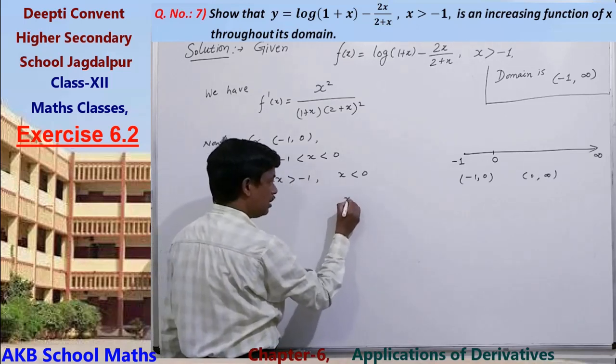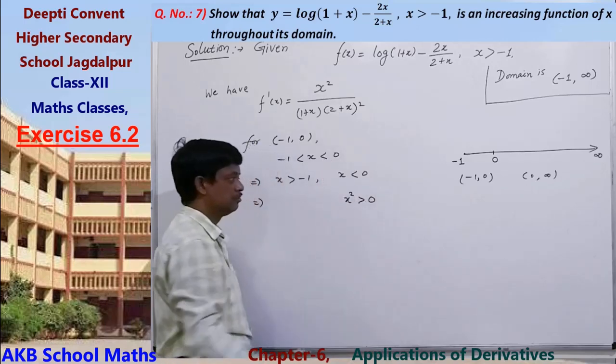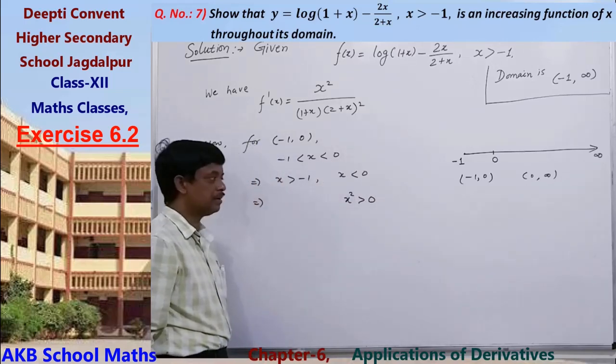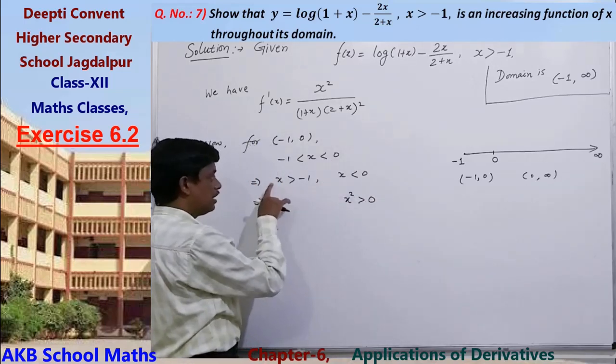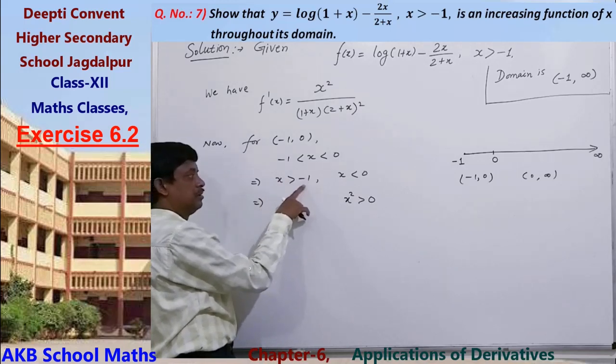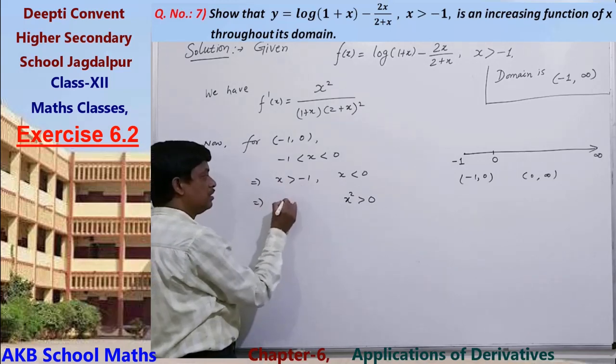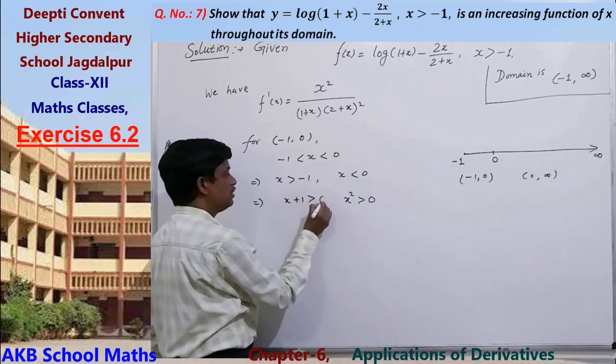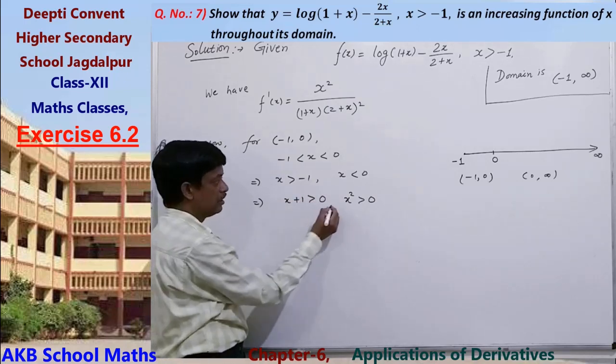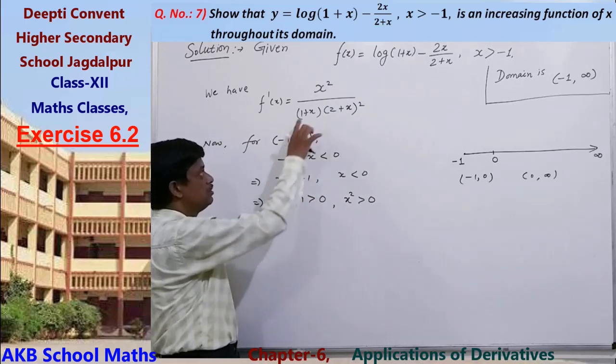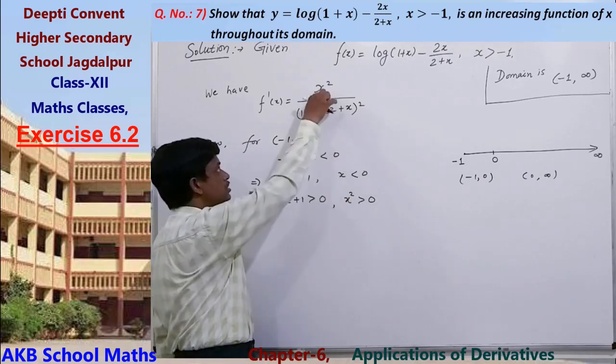So x square is greater than 0. Clear? Here x greater than minus 1 implies x plus 1 is greater than 0. Clear? X plus 1 is greater than 0.